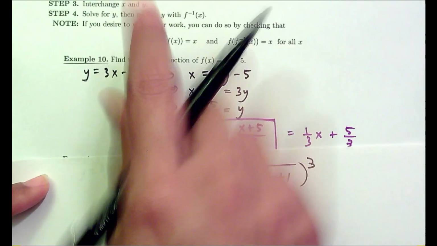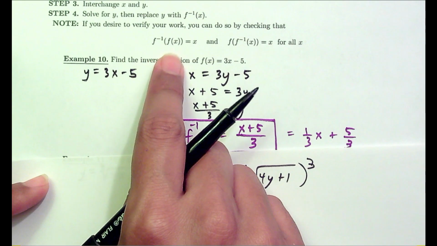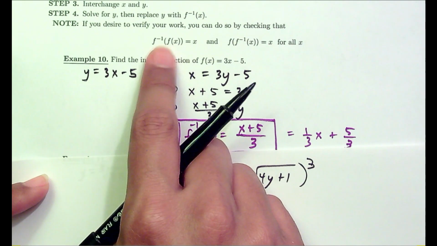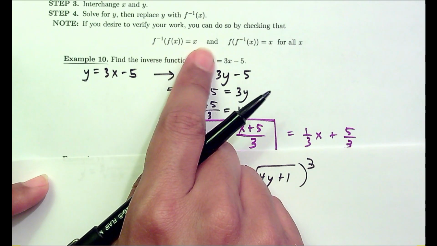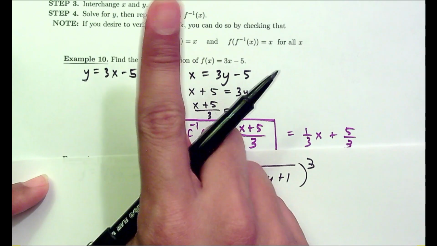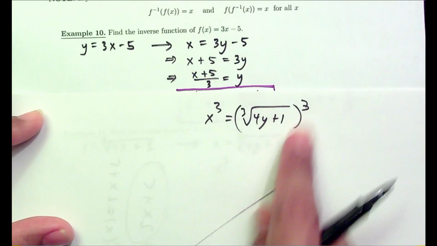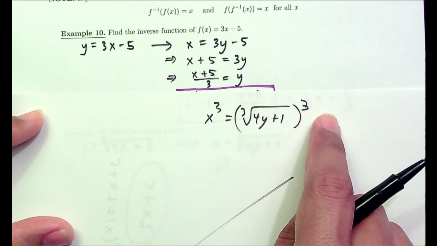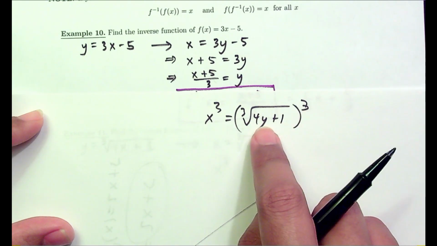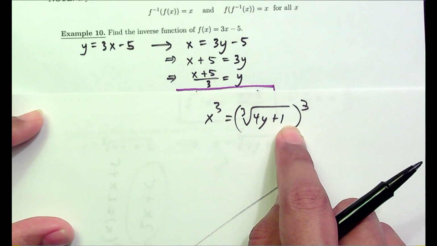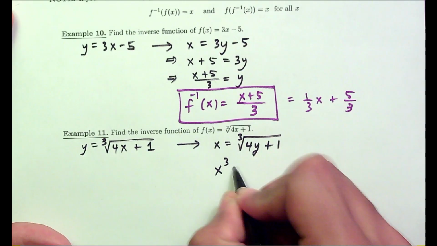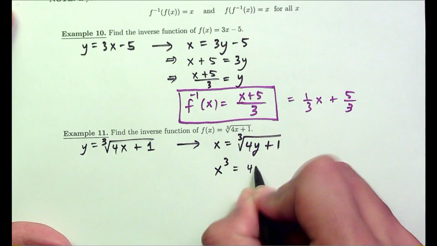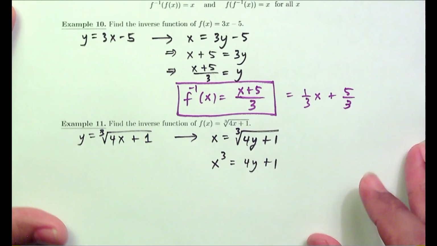When you put them back to back like that, when you compose them, they cancel each other and give back what is inside. So this is going to be x cubed equals 4y plus 1.